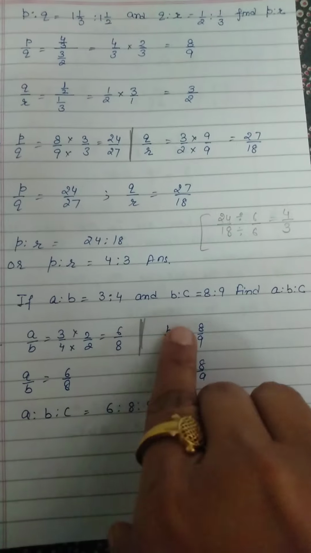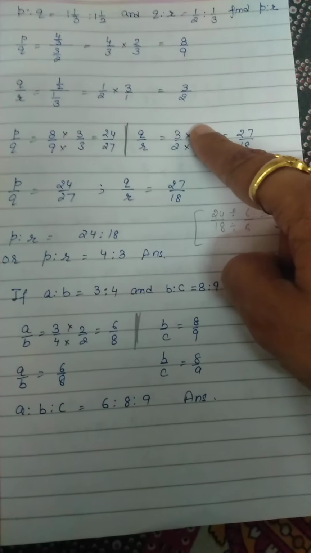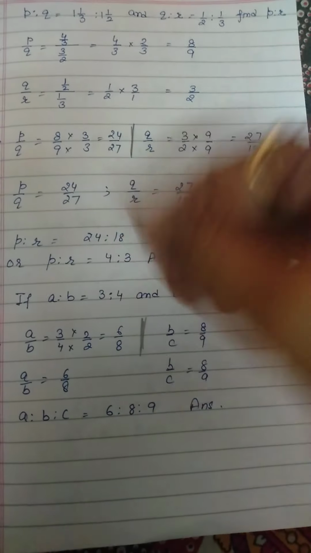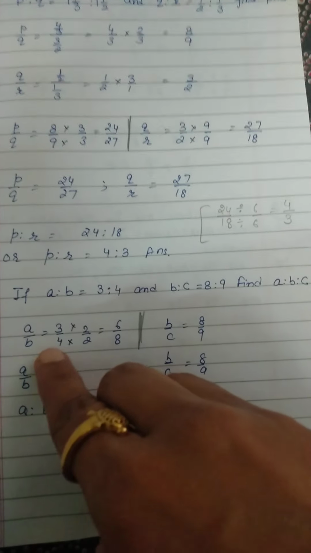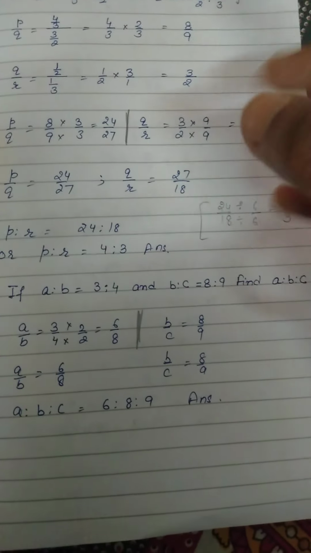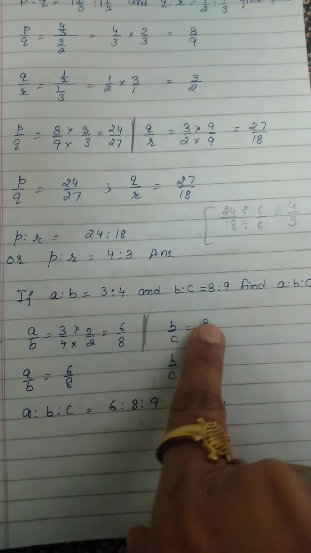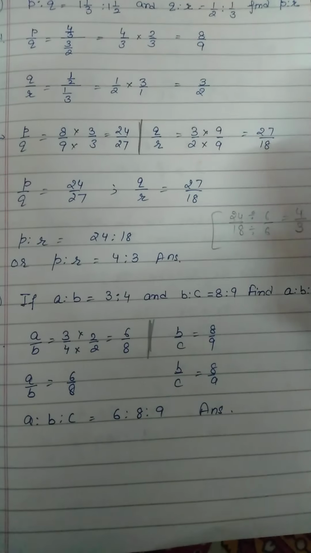So the value of B can be the same. If you understand this method, like multiplying 8 with this by this and 4 with this by this, that is also okay. But if you can multiply any number so the value can be the same, that you can also do.